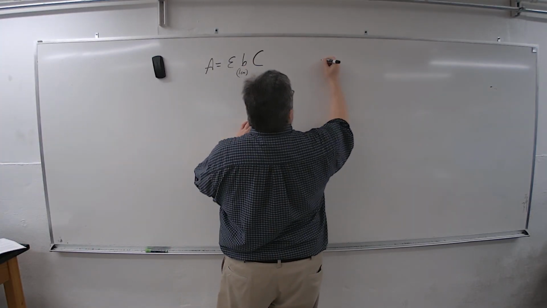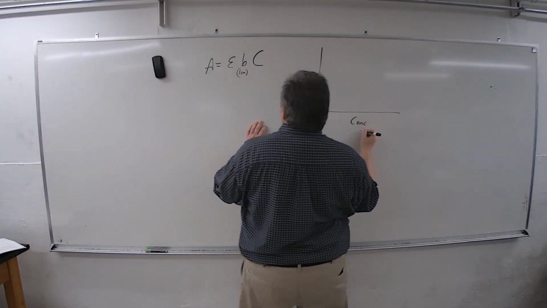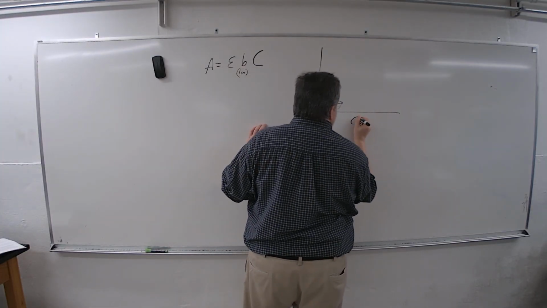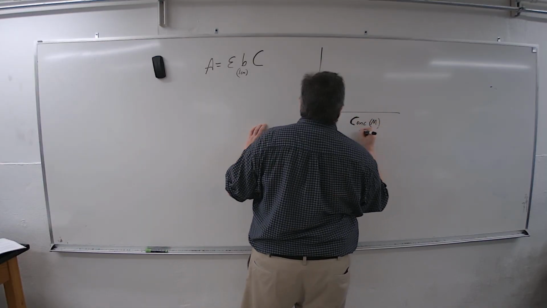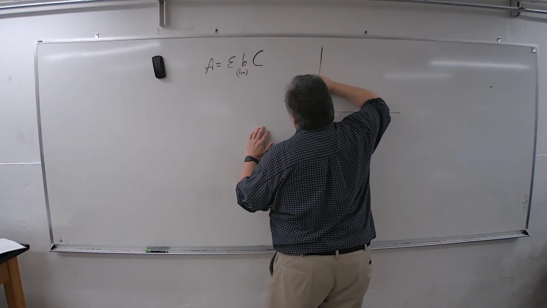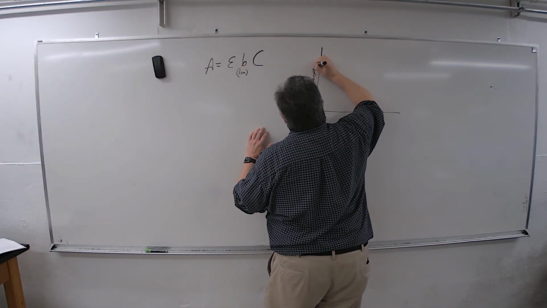Absorbance equals epsilon times b times c. That's called the molar absorptivity. b is the distance through that cuvette, and c is concentration. The distance through the cuvette was 1 centimeter.